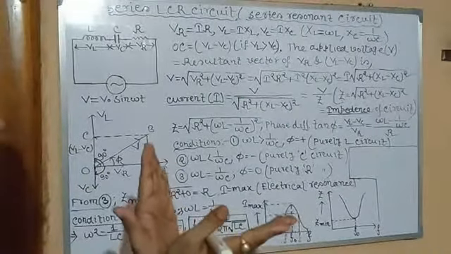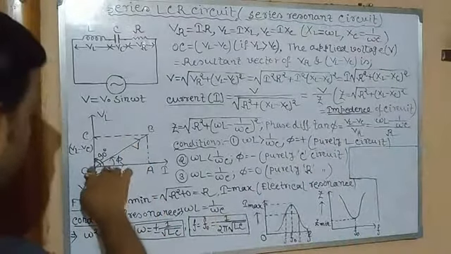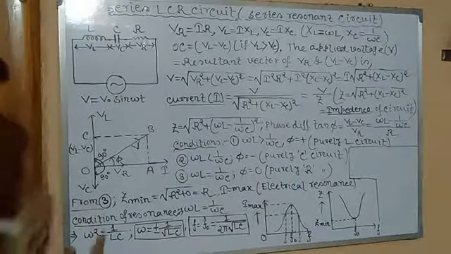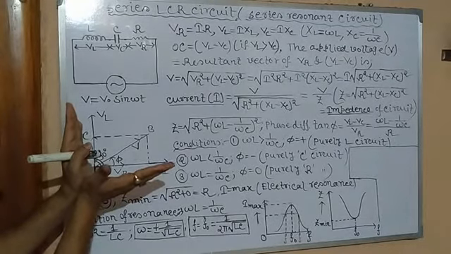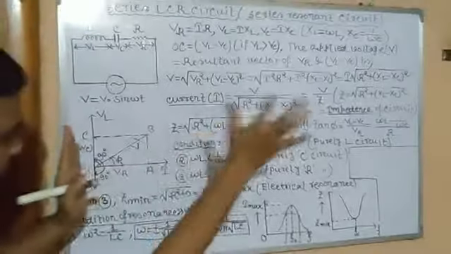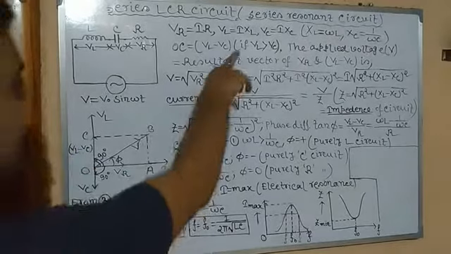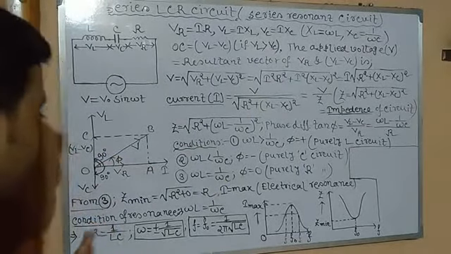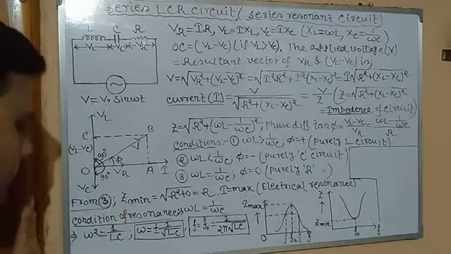If two adjacent sides represent two vectors, and we complete a parallelogram, the diagonal from the point of intersection will represent their resultant vector. So since these two sides represent VL minus VC and VR, if we complete the parallelogram, the diagonal will represent their resultant voltage. This is in case of VL greater than VC. Though it looks like a rectangle, you will say it is a parallelogram.